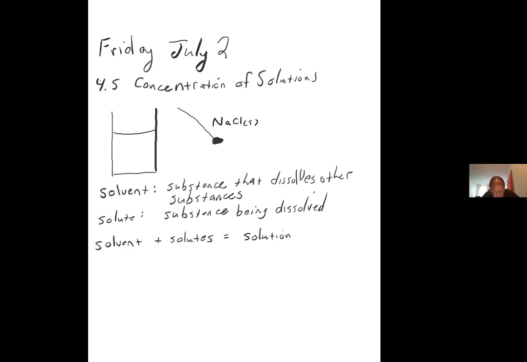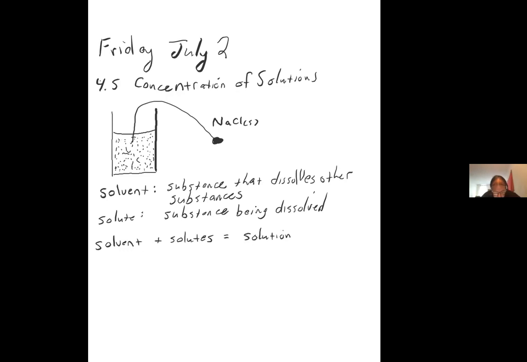We add it to the water, we mix it. What's going to happen is the salt is going to dissolve into the water. And so that water will now become a little more dense because it has this extra mass of sodium ions and chloride ions, right? So we now have a mixture, a solution. If it's well mixed and you can't see any particles floating around in there, we would call it a solution.